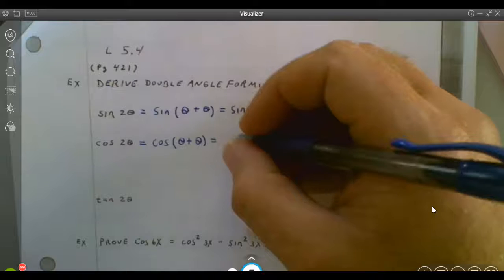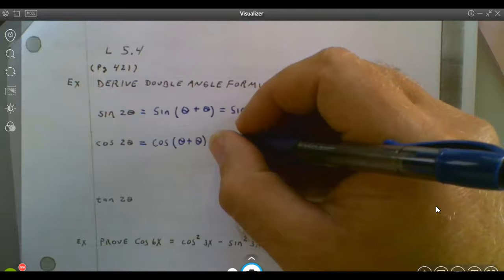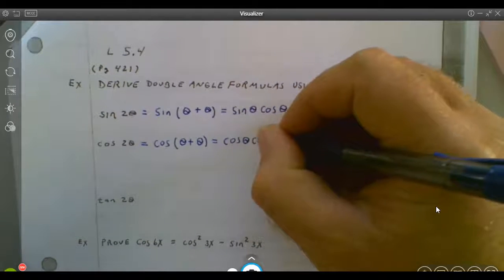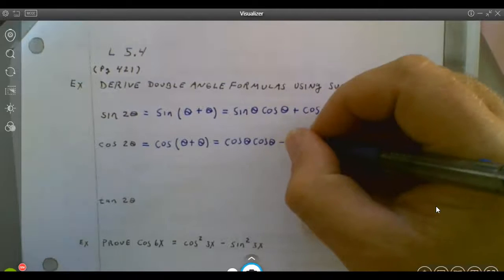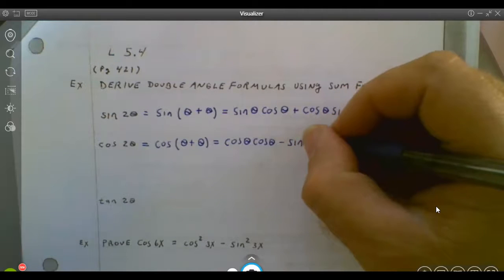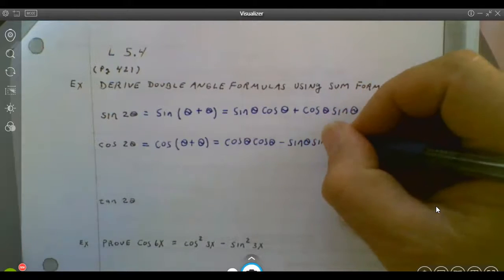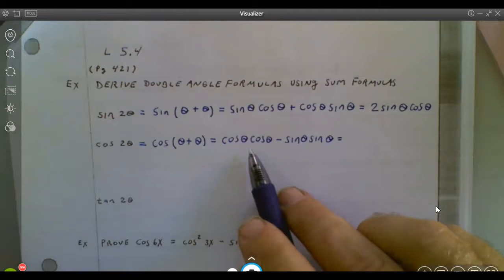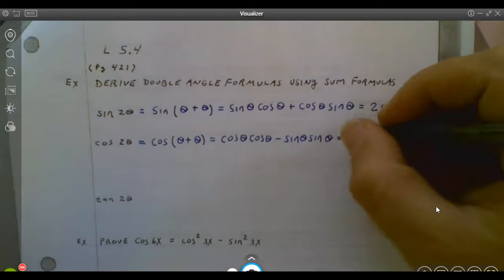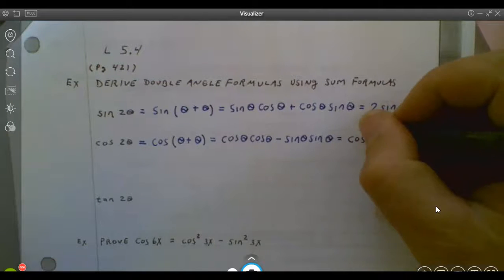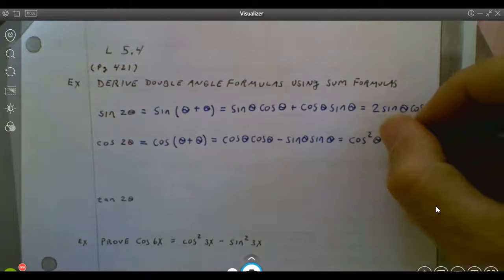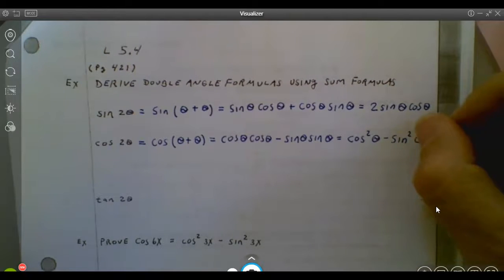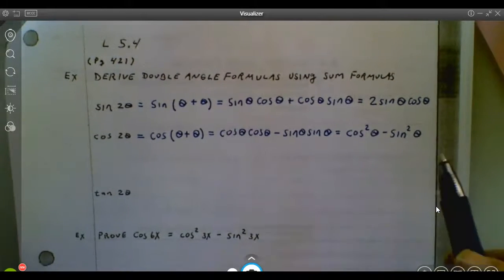It was simply cosine cosine minus sine sine. If I wanted to simplify that, obviously that is simply cosine squared minus sine squared.